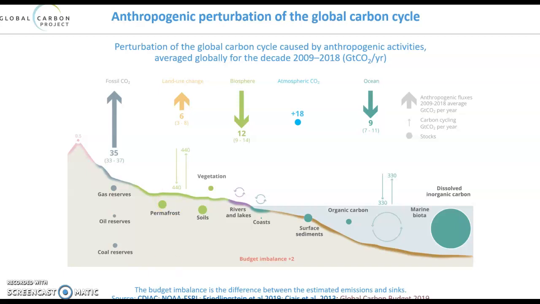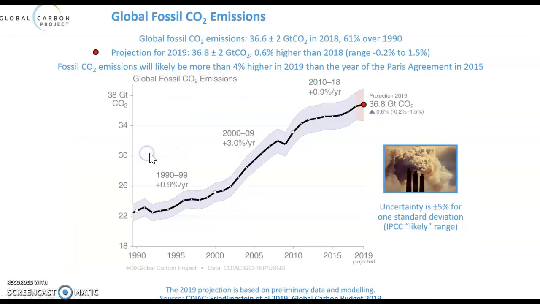You can see that there's really not all that much carbon in the gas reserves, oil reserves, and coal reserves. By the way, gas means natural gas, not gasoline. Even just surface sediments have more, and soils have more carbon. But still, it's a huge amount, and yes, we're combusting it.